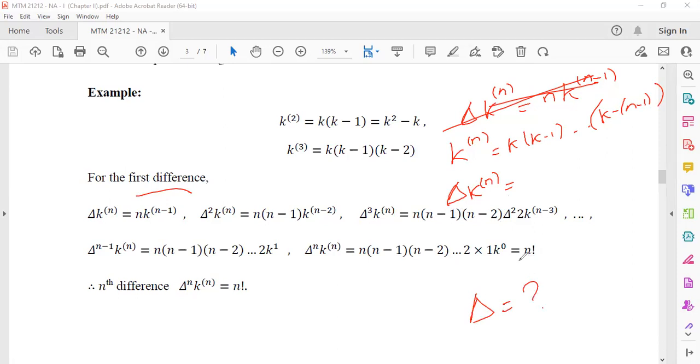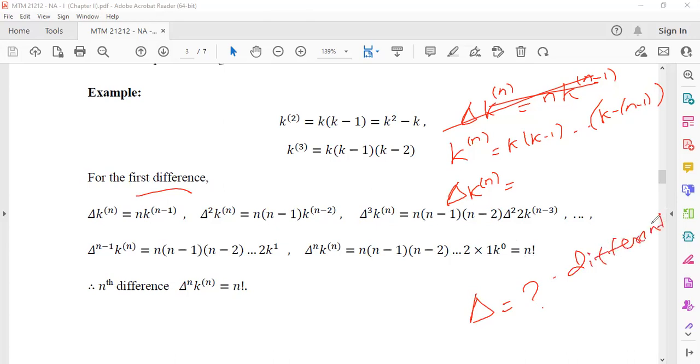Did anyone notice when I said what the idea of delta is in this course? Yes, good, one person has noticed. It's like a difference.